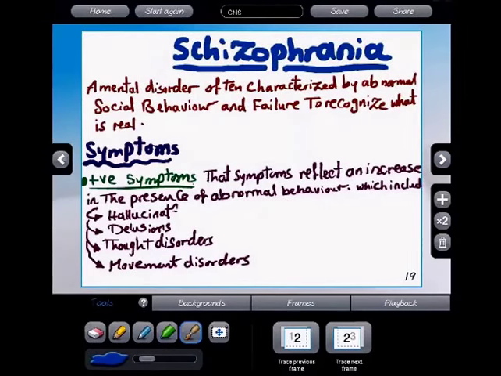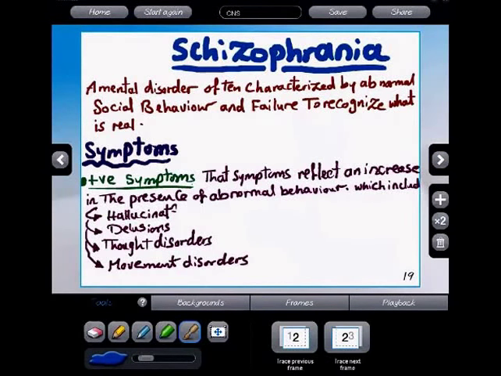Let's talk after this about schizophrenia, which is about psychosis. Schizophrenia, psychosis, is a mental disorder often characterized by abnormal social behavior and failure to recognize what is real. The symptoms have two types: positive symptoms and negative symptoms.